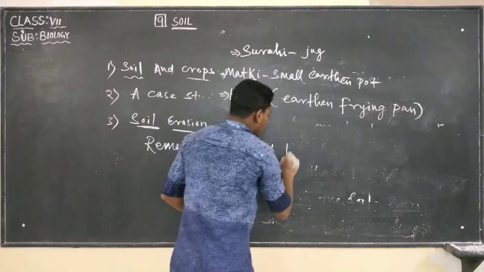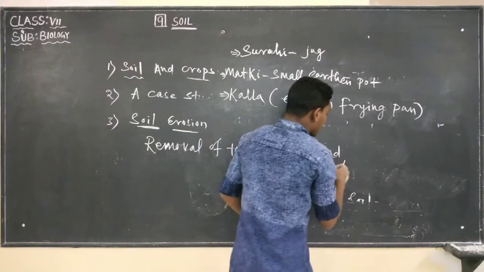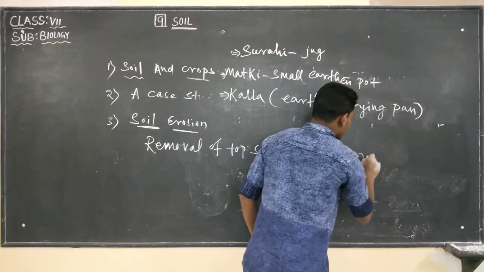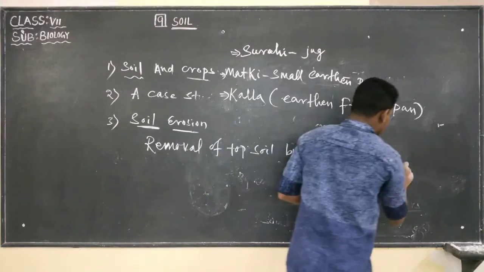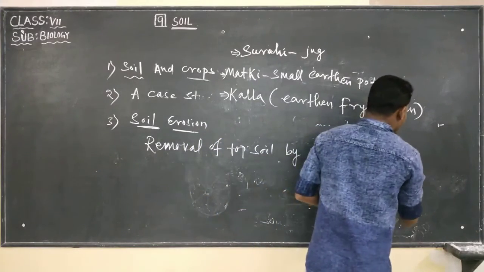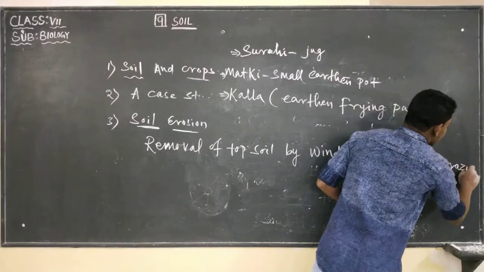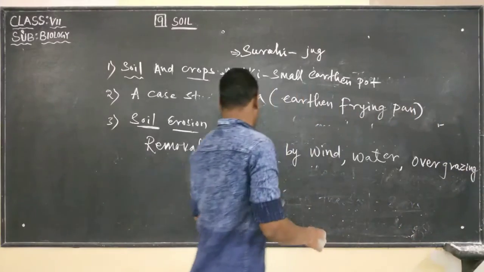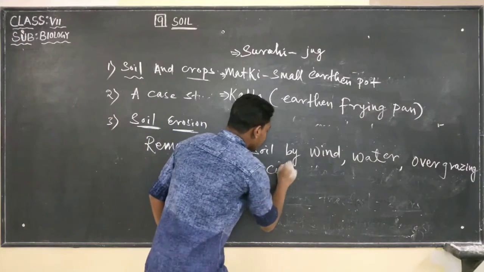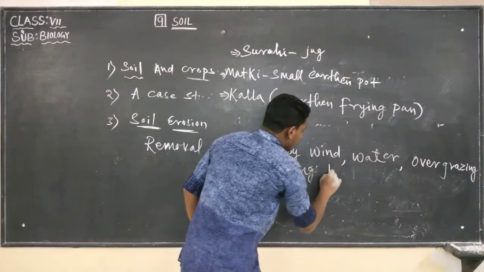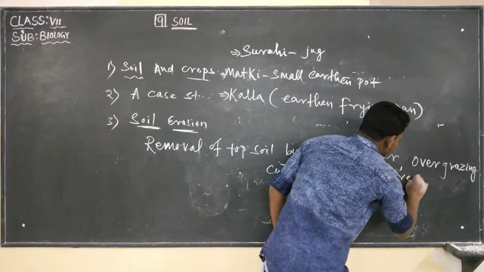The removal of topsoil may be by the flow of wind or by the current flow of water, or by wind, water, and overgrazing also may lead to soil erosion, or it may be by cutting down the trees.